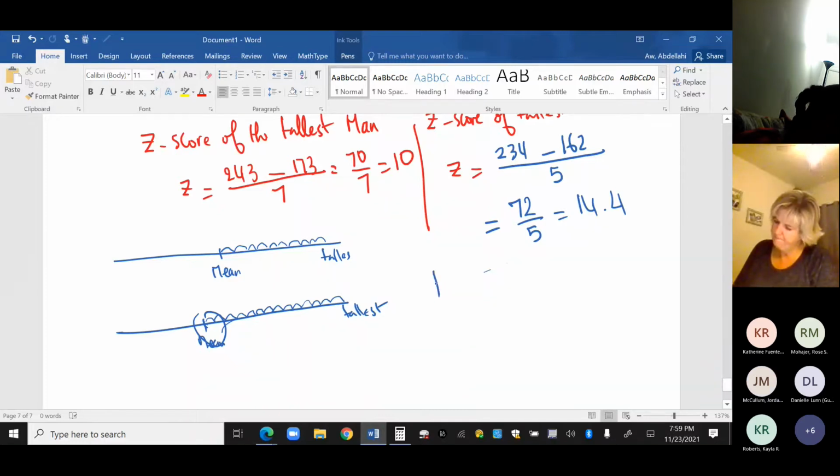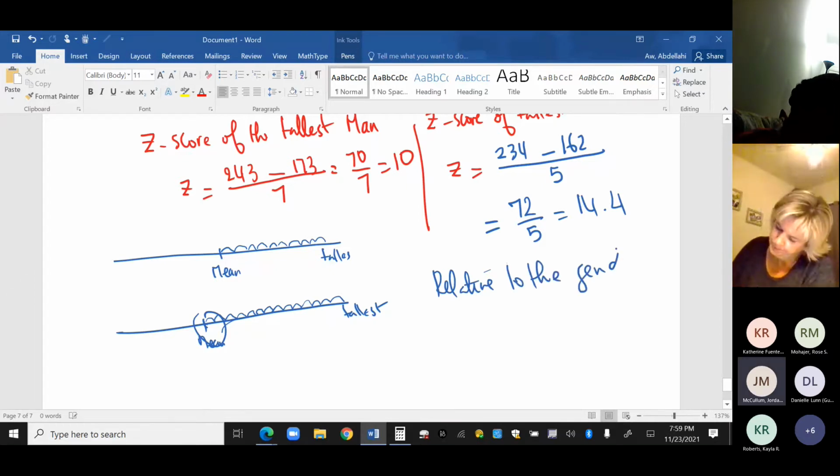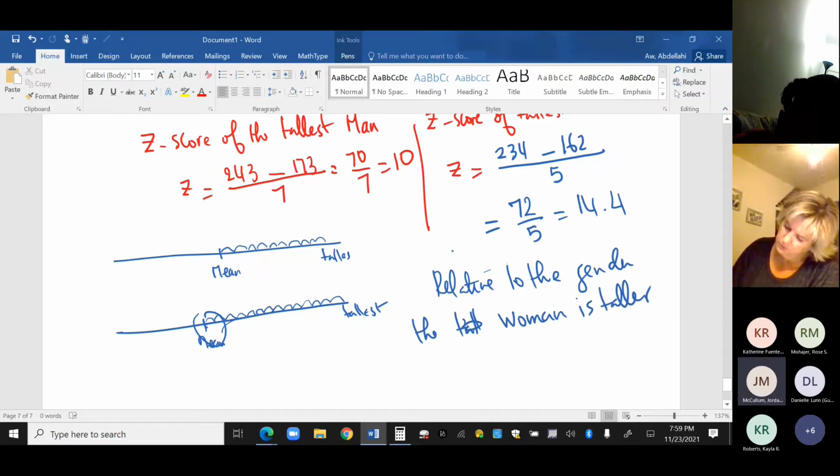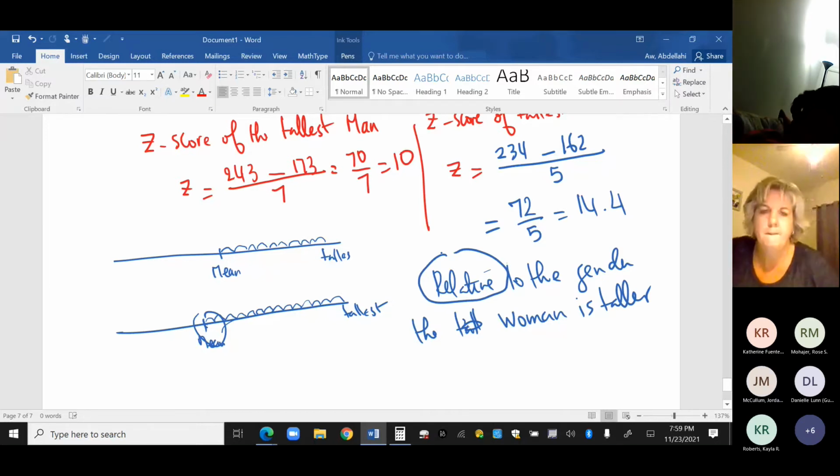So relative to the gender, the tallest woman, the woman is taller, right? We cannot neglect this word right here, relative. If we just say who is taller, that's the question, who is taller?